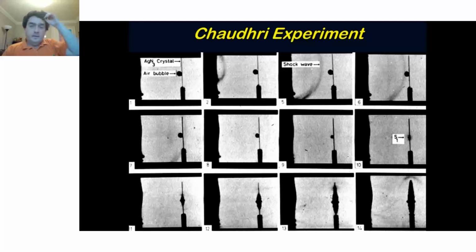So quite nice evidence. If you repeated this experiment, but put the detonator on the other side of the silver azide crystal, so you put the detonator on the right-hand side and sent the shock, so it collapsed the bubble, but in the direction away from the explosive crystal.